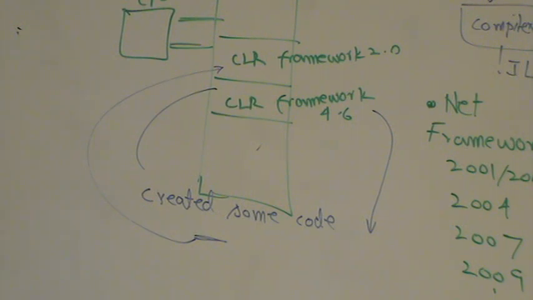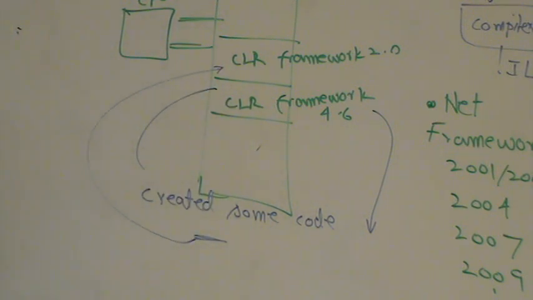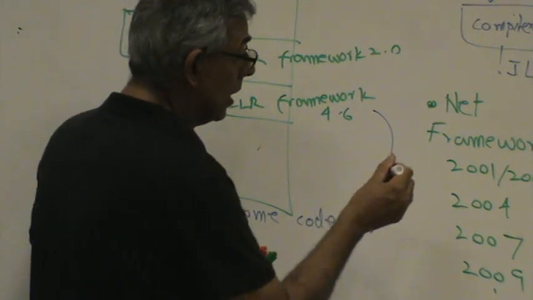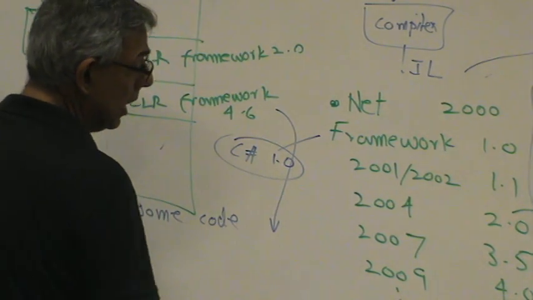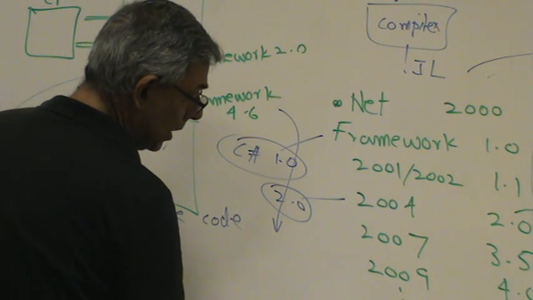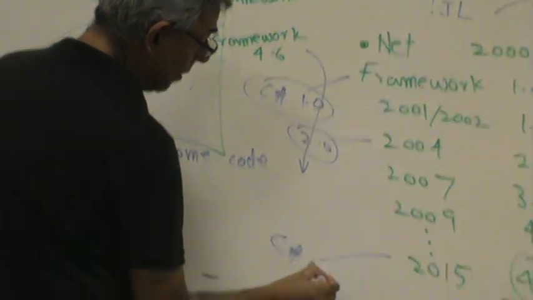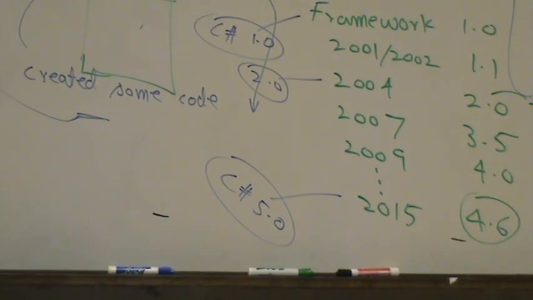And because from the very beginning they designed it this way, another benefit is every few years they keep improving the language, okay? So for example, over here, this was C# 1.0 as an example, right? Then C# 2.0 over here, okay? This one, C# 5.0, is the latest that we are using, okay?